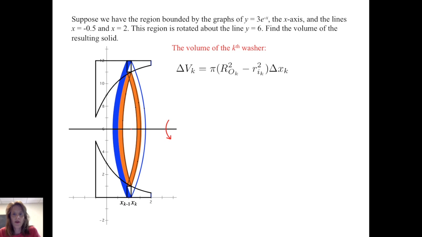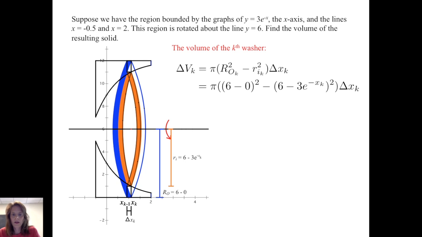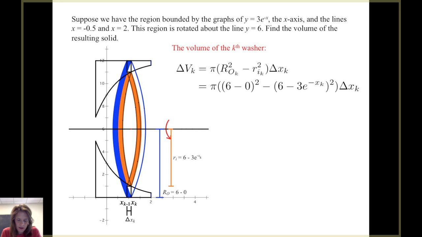And the volume of that washer will come from pi times the difference of the squares of the outer and inner radius, times delta x sub k, which is the thickness of our rectangle. The outer radius comes from, again, the greater minus the lesser.